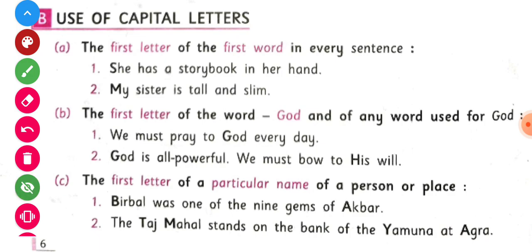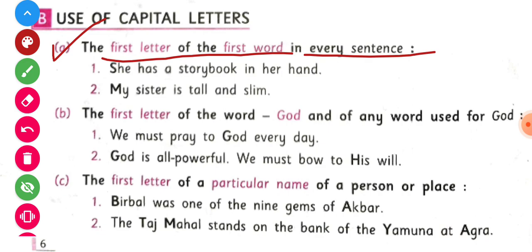Children, now we will know about the use of capital letters. The very first rule to use capital letters is, children, the first letter of the first word in every sentence.